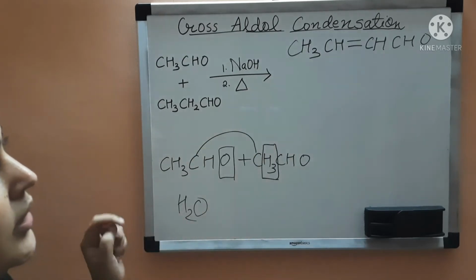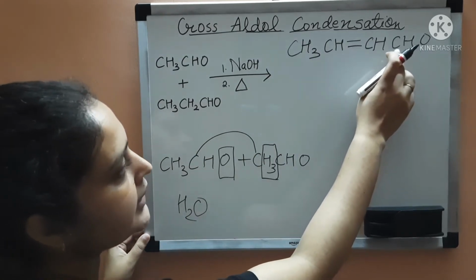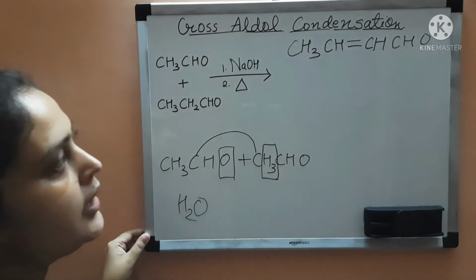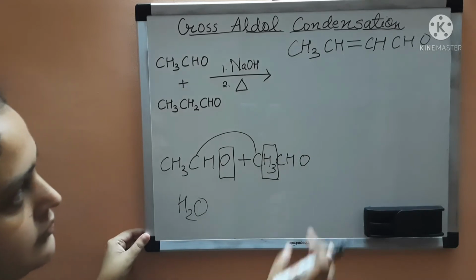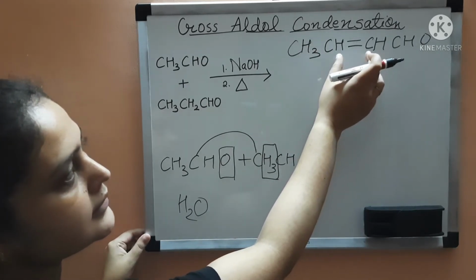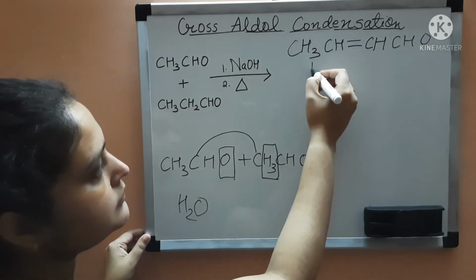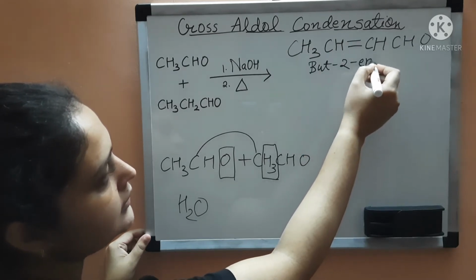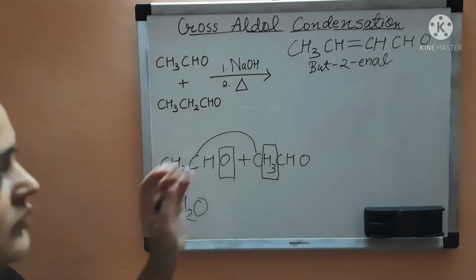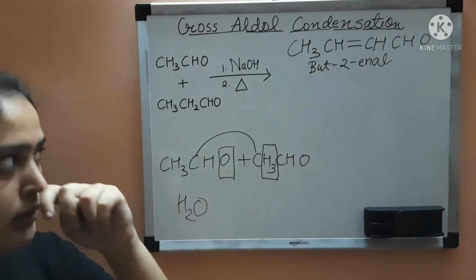The name of the product: there are four carbon atoms, 1, 2, 3, 4, and at the first carbon there is the aldehyde and at the second carbon there is the double bond. So it will be but-2-enal. This is our first product.